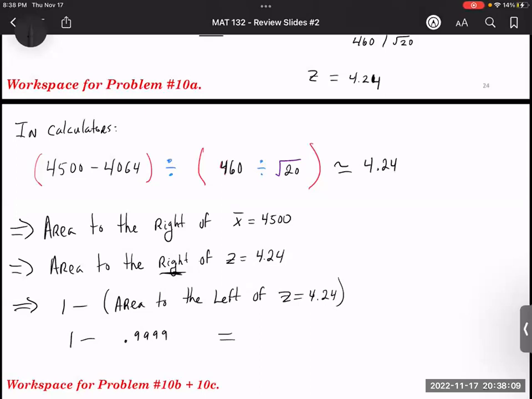What's 1 minus all these 0.9s? It's 0.998. 998? That's what it says on the z table? No, 4.24 is not there, so I can't use it. Anything with 3.5 and up, anything above 3.49, you use 0.9999. So you do 1 minus 0.9999, and you get 0.0001.